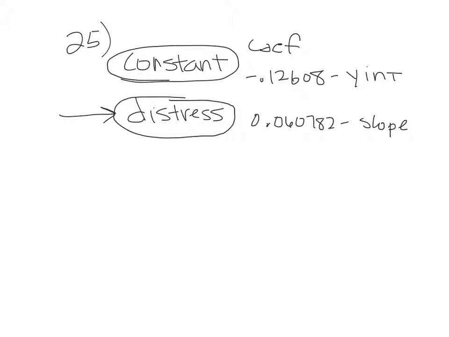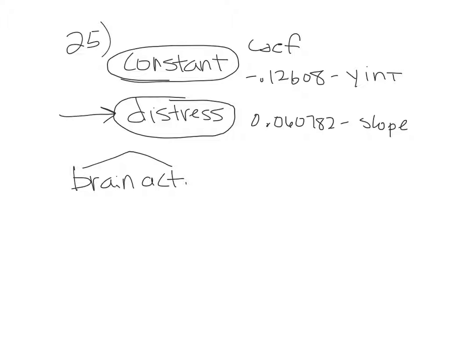Depending upon what type of output it is, it'll either say constant or y-intercept, and then the second one will almost always be whatever the y variable actually is, an actual word for that value. So A, it says, what is the least squares equation? First, remember that we have to write this in terms of the variables. So we need to figure out what the response variable is. It says predict brain activity, so the response variable is brain activity.